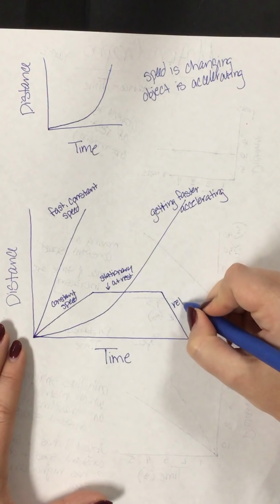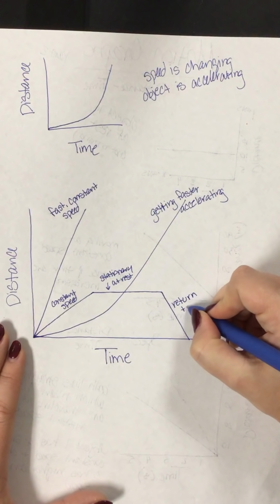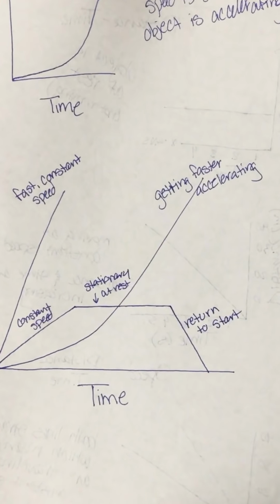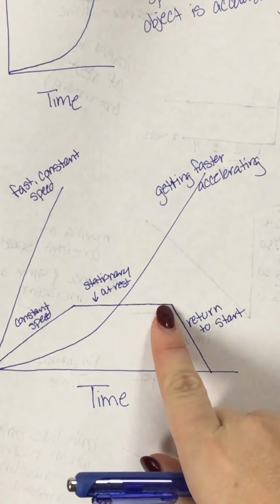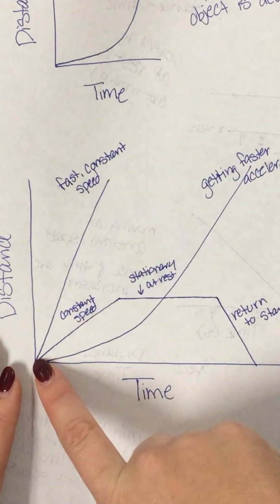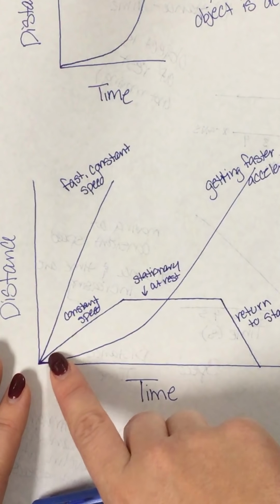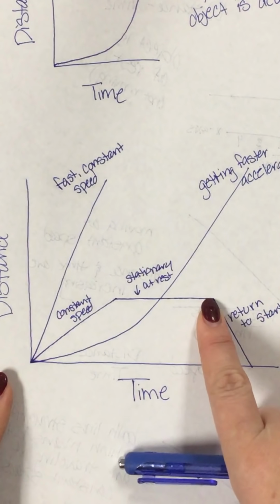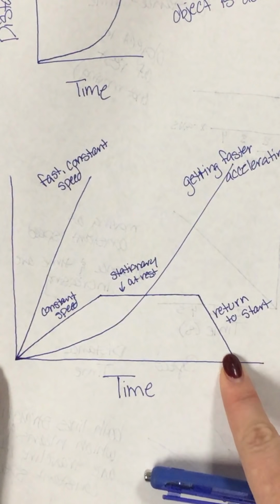So this would be return to start. So we're still traveling at a constant speed. And then we return to our starting point. Because remember, this is a distance time graph. You could say you walked 2 miles to your friend's house, hung out for a couple hours, and then walked back home.